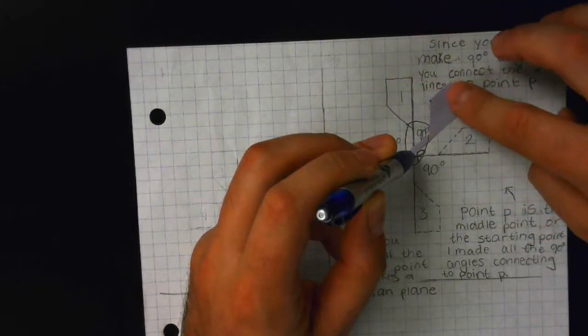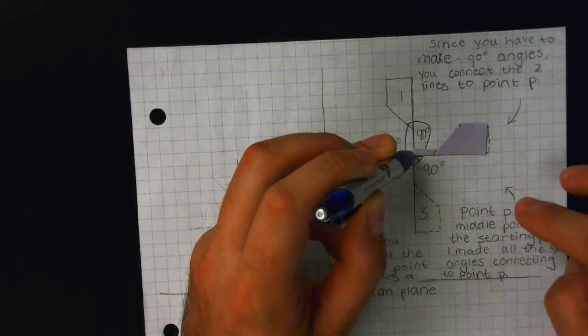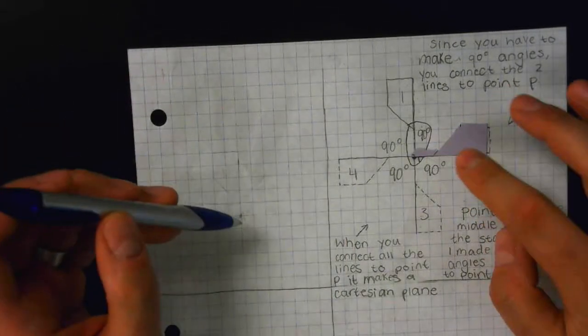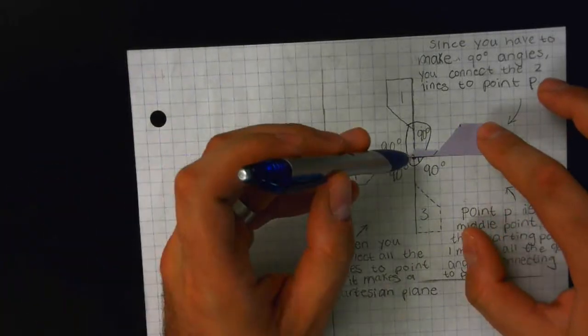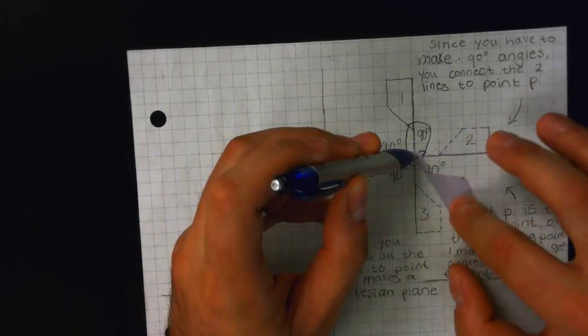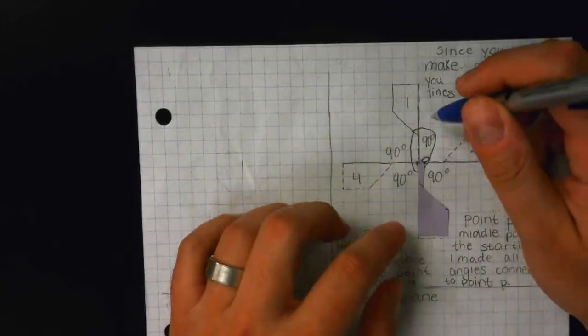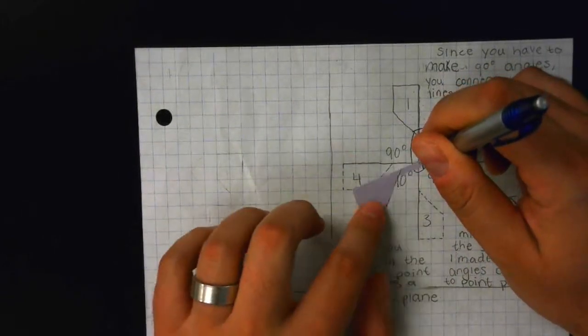So if I rotate this, it's going to end up here. If this didn't include the connector, so if you cut out your shapes and do this, you get a better visual of how it would look.